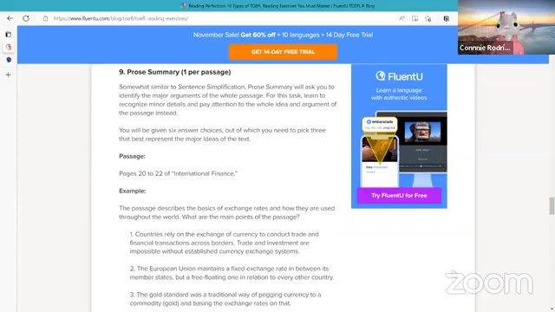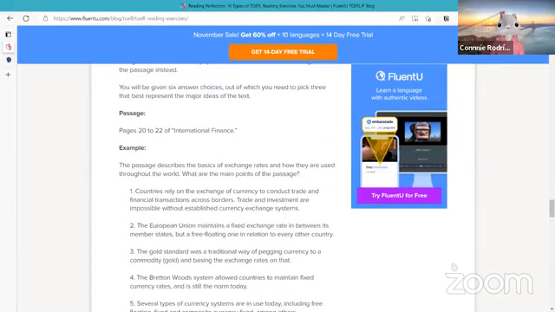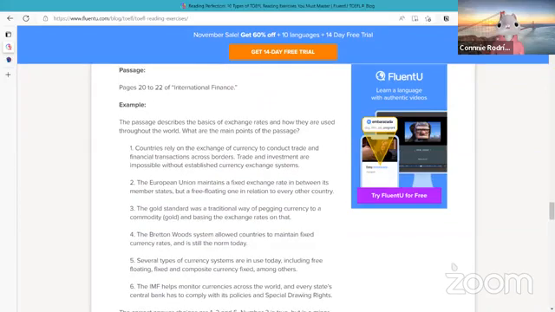You will be given 6 answer choices out of which you need to pick 3 that best represent the major ideas of the text. Example, the passage describes the basics of exchange rates and how they are used throughout the world.